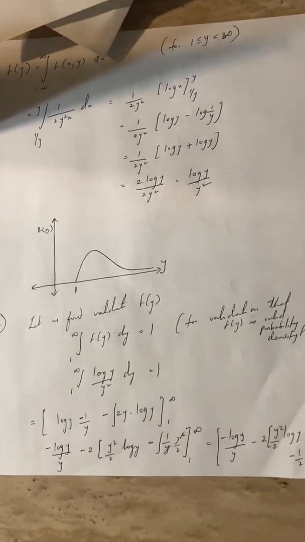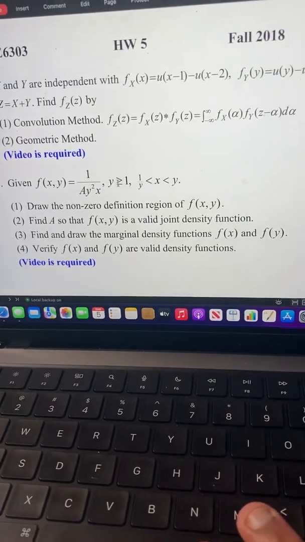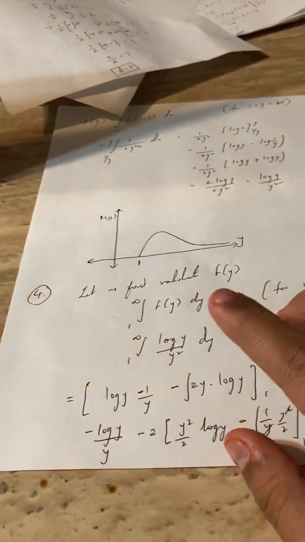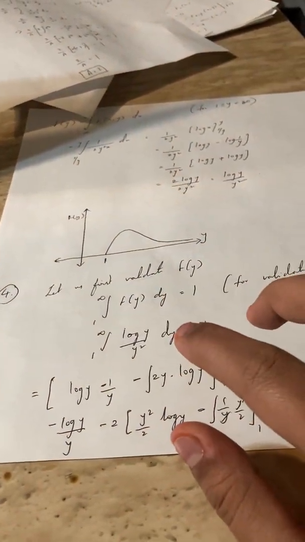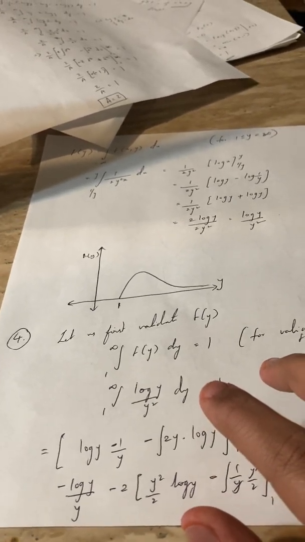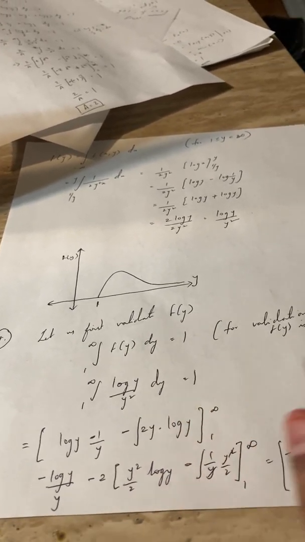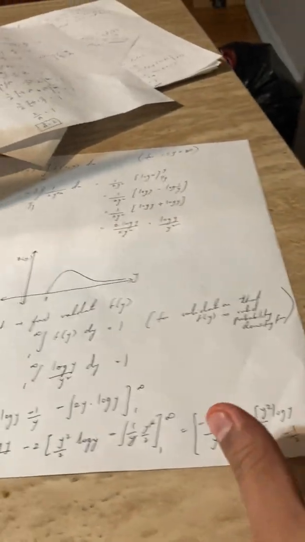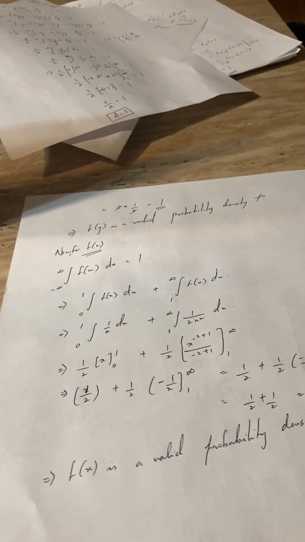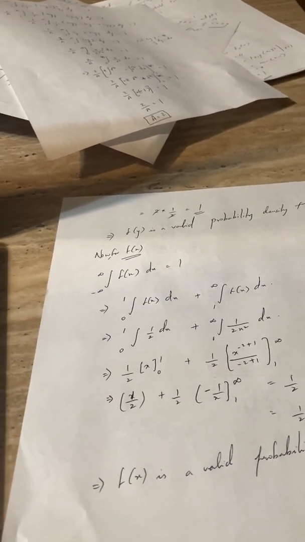I've taken the integral from 1 to infinity because y is anything greater than or equal to 1. I've substituted the marginal density function of y and calculated the value, which turns out to be 1. So it is a valid density function.